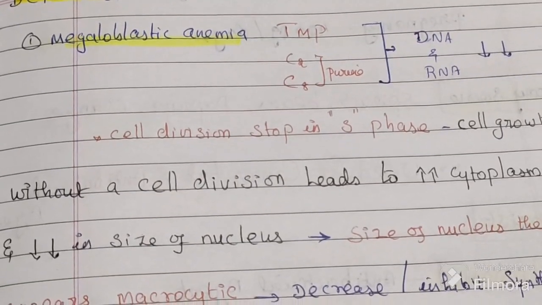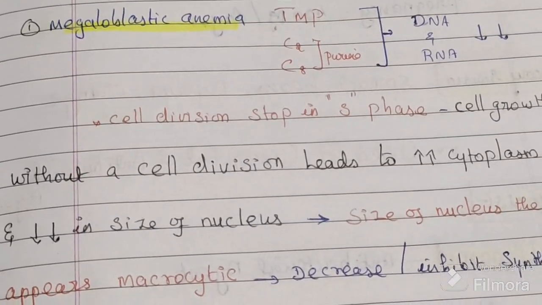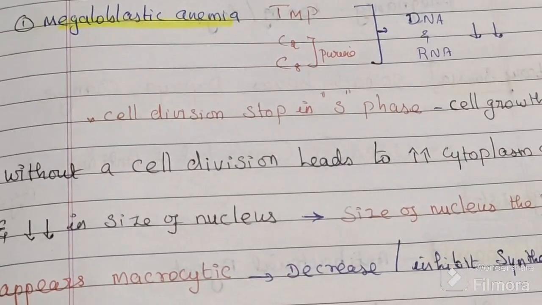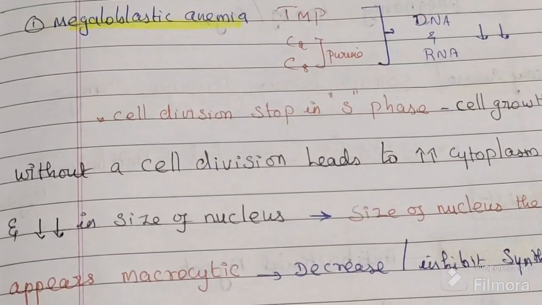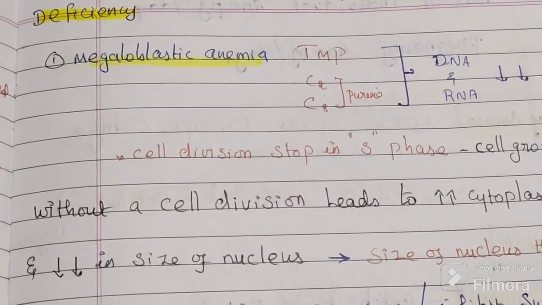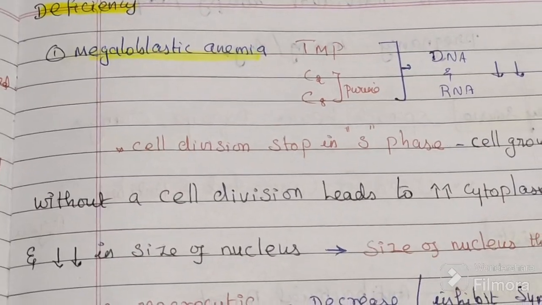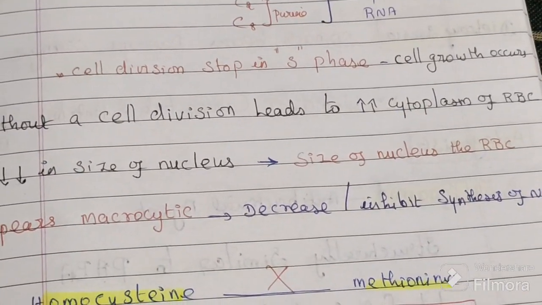In megaloblastic anemia due to deficiency of folic acid, the synthesis of thymidine monophosphate and purine is decreased, so there is decreased synthesis of DNA and RNA.